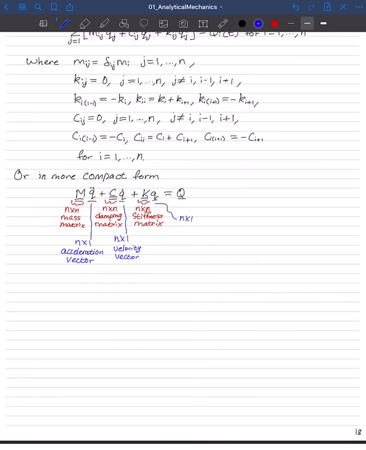So the n by 1 displacement vector, and specifically, Q, it's a vector.